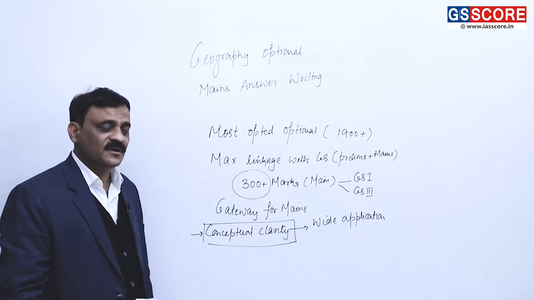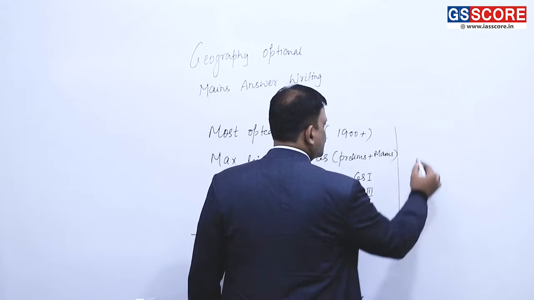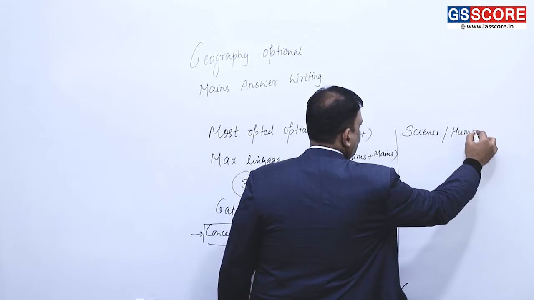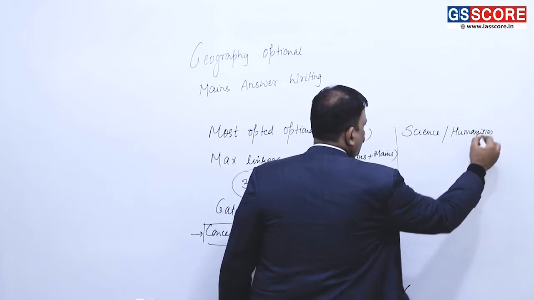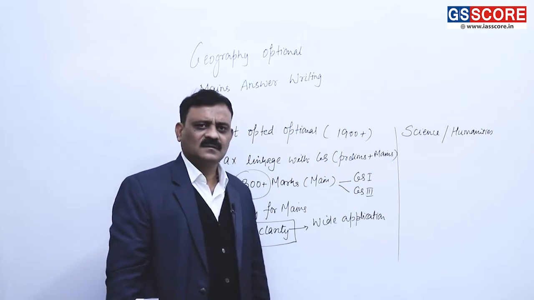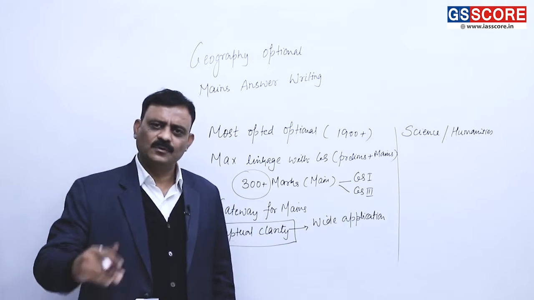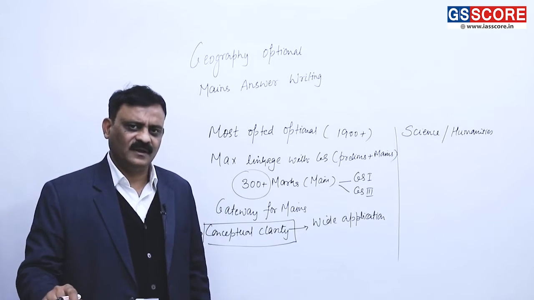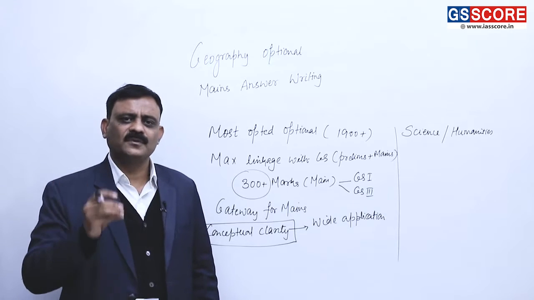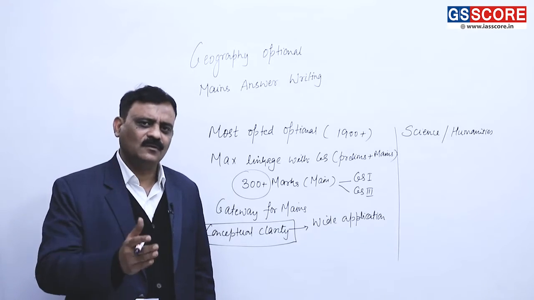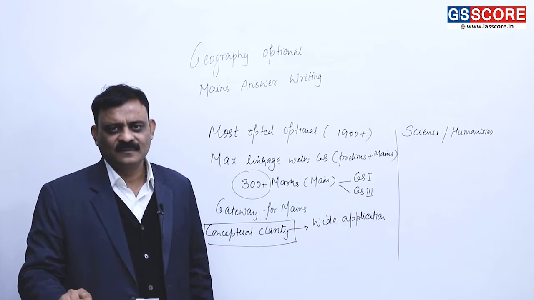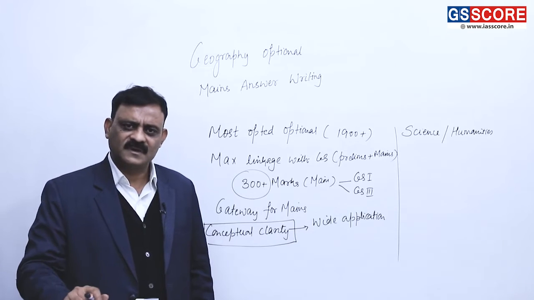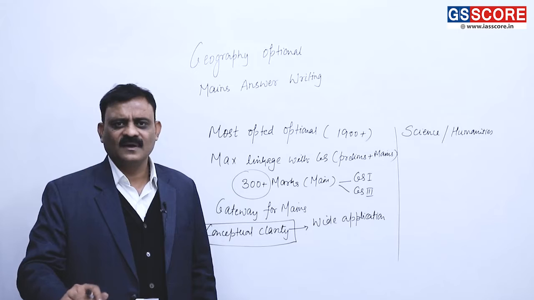Another advantage of geography is that this subject suits students of both science and humanities. Sometimes I have seen humanities students complain that, sir, this is a very technical subject. But whatever the technical or science part of geography is, you cannot escape it, because you need to study climatology, geomorphology and oceanography in general studies anyway.